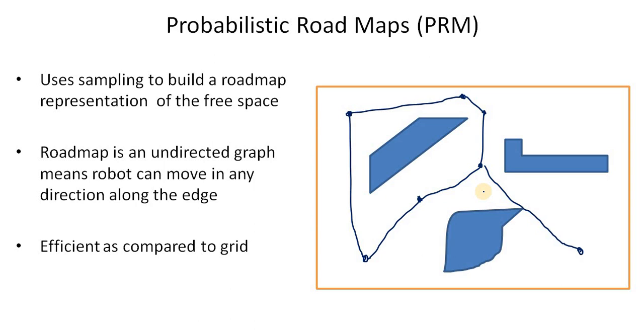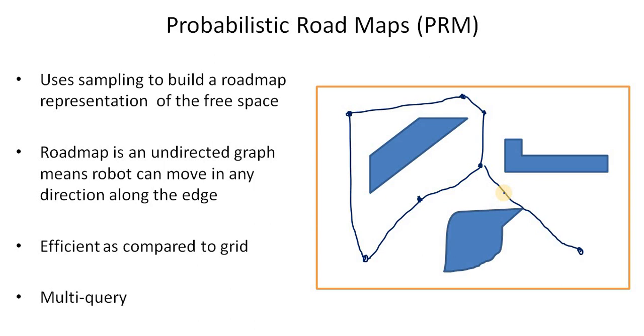But using sampling based algorithms, we use fewer nodes and can still find a path. So that's why it is efficient. And in what is it efficient? It is efficient in finding the shortest path. If you use sampling based algorithms, especially probabilistic roadmaps, then our algorithm will find the path in less time, and it will also require less space or memory in the computer.